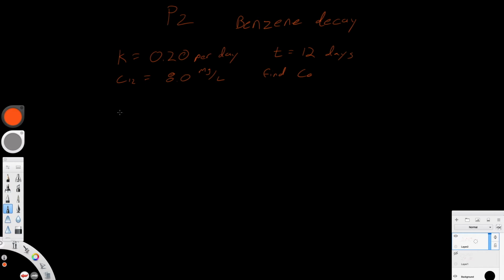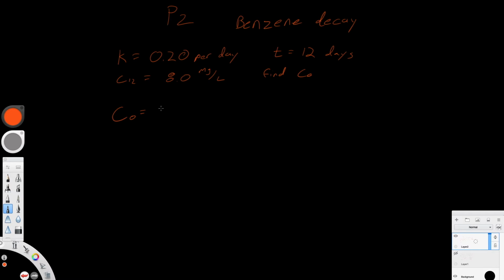So the basic equation for first order decay, so benzene in this case is going to be first order decay, and they're almost certainly going to tell you that. Or the whole question might be just what is the decay order, decay rate.